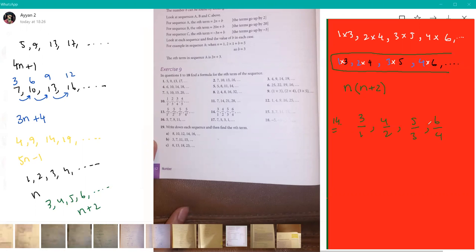So the numerators have a sequence which is n plus 2, and the denominators are simply following the sequence n. Okay, boys and girls, you can try the above ones. Through this you can write the nth term of sequences which have a common difference between them.